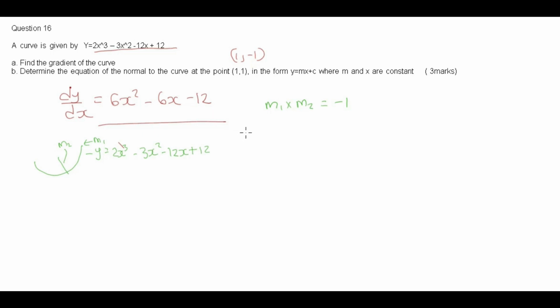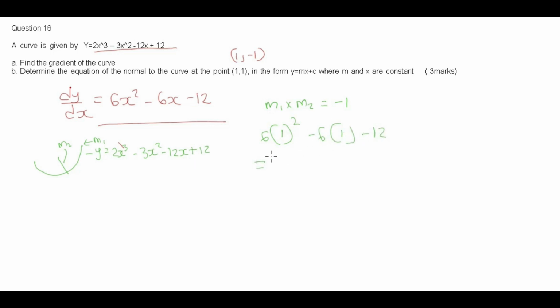So the gradient at a point x is 6x² − 6x − 12. You substitute 1 wherever there is x, at the point (1, −1). So 6(1)² − 6(1) − 12.